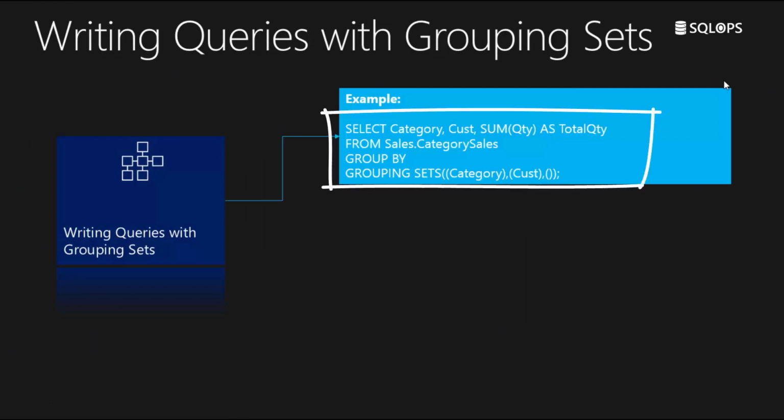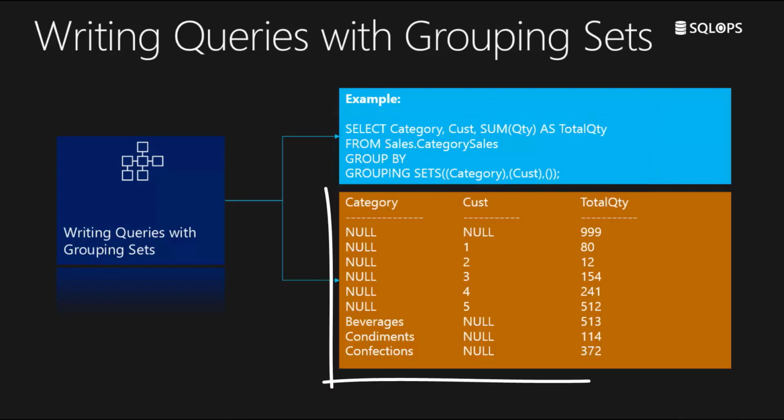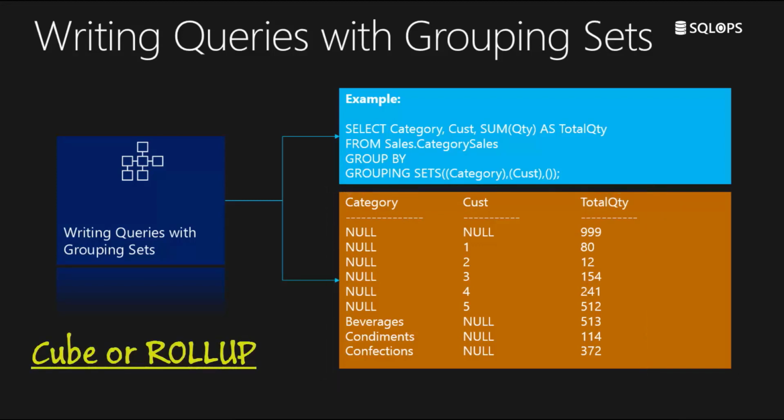This example uses GROUPING SETS to aggregate on the category and customer columns as well as the empty parenthesis notation to aggregate all rows. And the result set will look something like this. With GROUPING SETS, you can specify which attributes to group on and the order of those attributes. If you instead want to group on any possible combination of attributes, you can use the CUBE or ROLLUP subclauses.